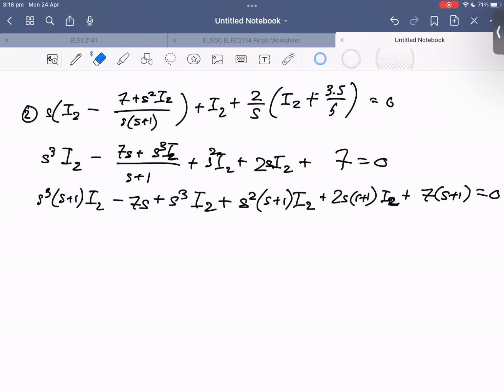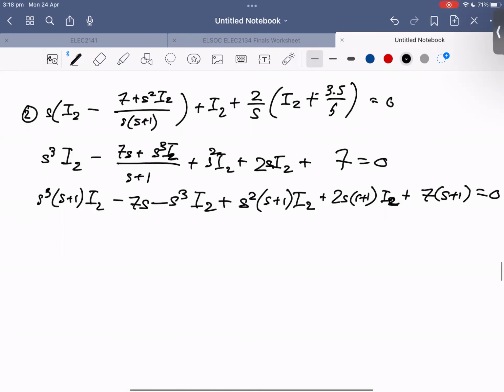And just checking my minus signs, can already see that. Yeah, there should be a negative here. Yeah, I think so. So that should be, yes, that's right. Okay.